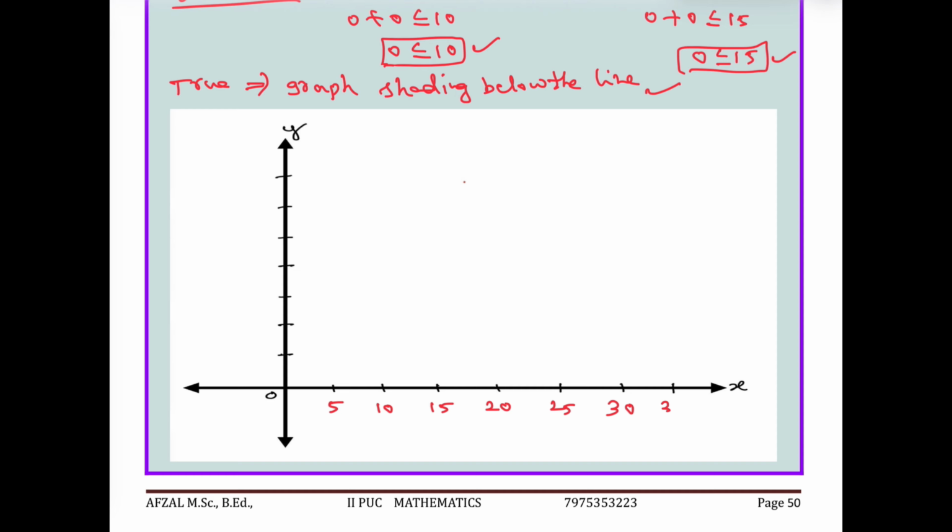Then multiply with the minus symbol: 16 minus x plus 3 whole square. 16 can be written as 4 square minus x plus 3 whole square. Now this is in the form of a square minus x square. If you compare, a value is 4, x value is x plus 3.